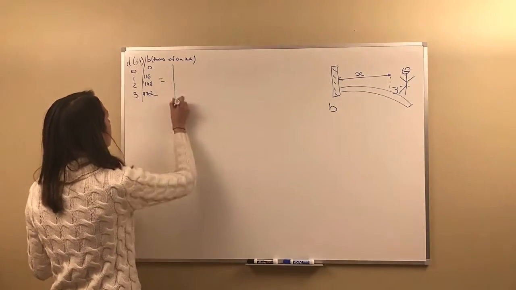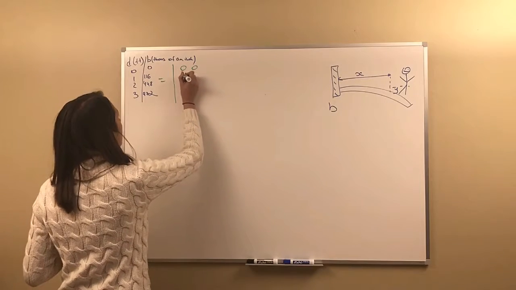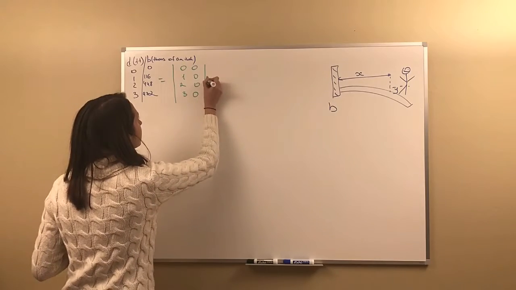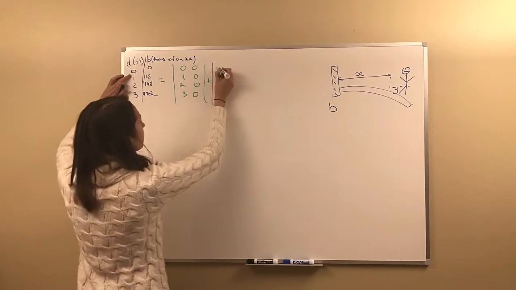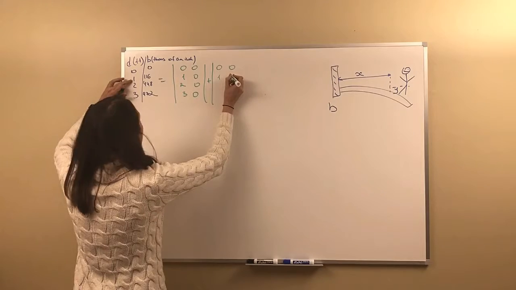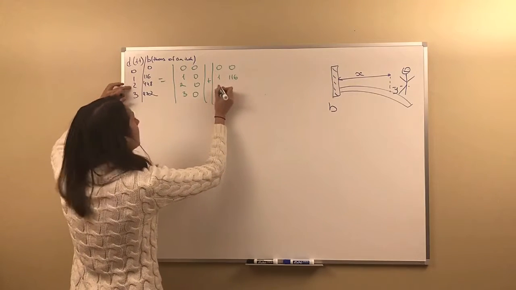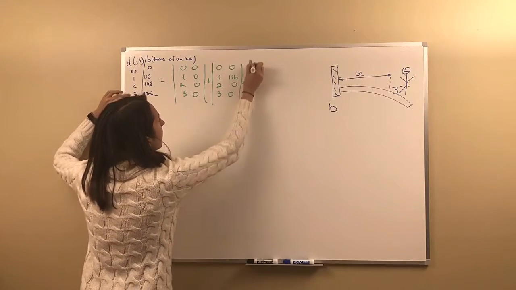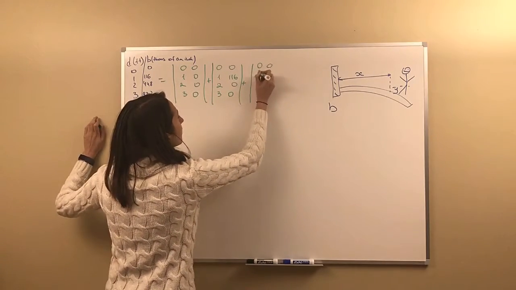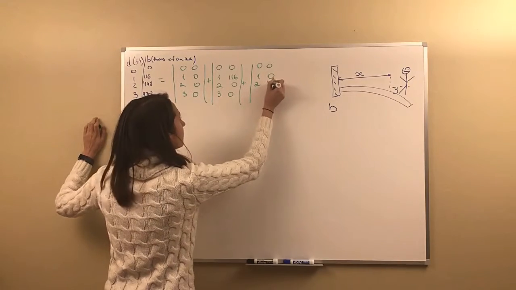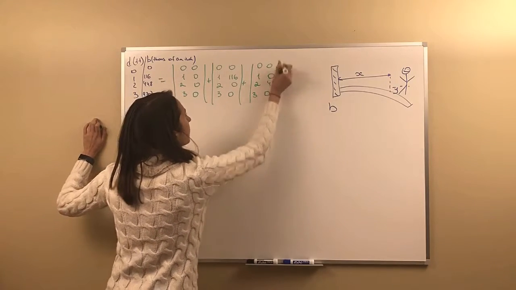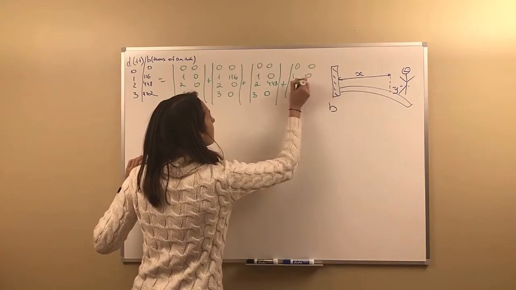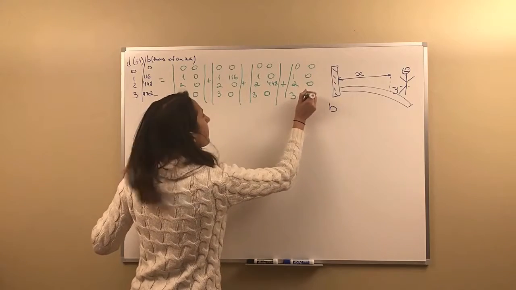That would be equal to 0, 0, 1, 0, 2, 0, 3, 0, plus 0, 0, 1, 116, 2, 0, 3, 0, plus 0, 0, 1, 0, 2, 448, 3, 0, and the last one, 0, 0, 1, 0, 2, 0, 3, 972.